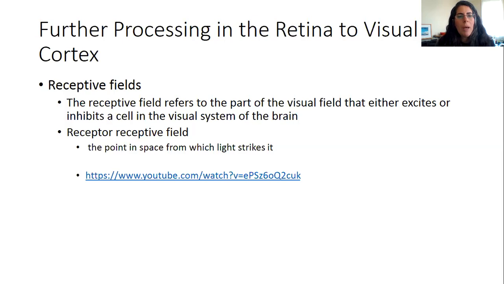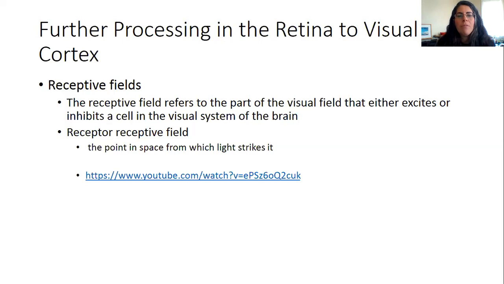So if we're going to talk about cellular processing, we have to talk about a concept called receptive fields. And the receptive field is the part of the visual field that either excites or inhibits a cell in the visual system of the brain, right?